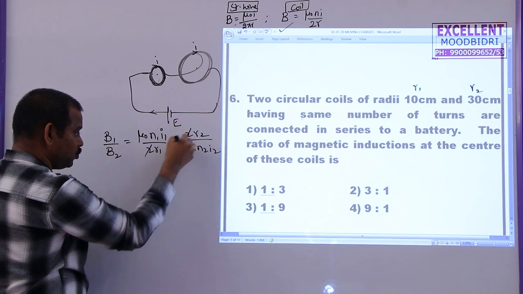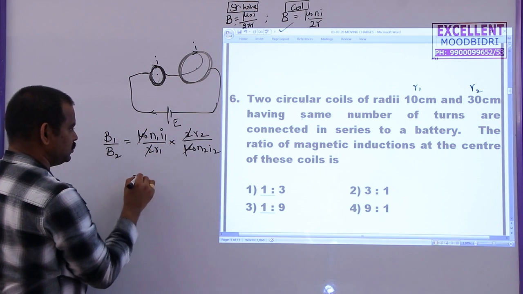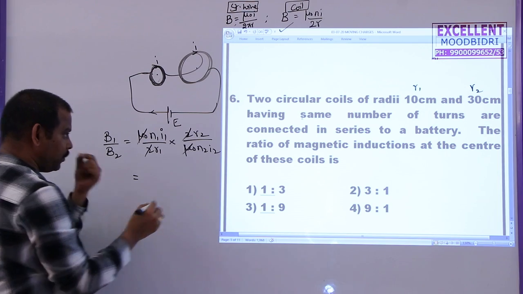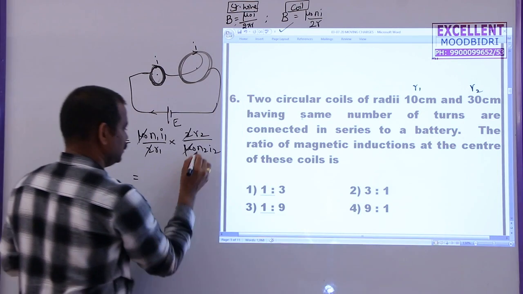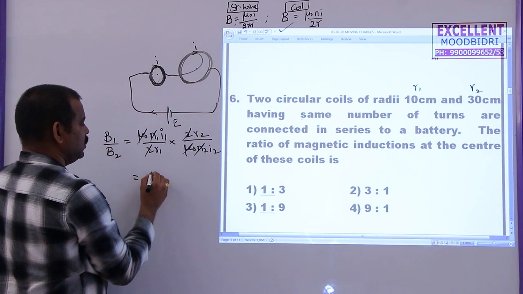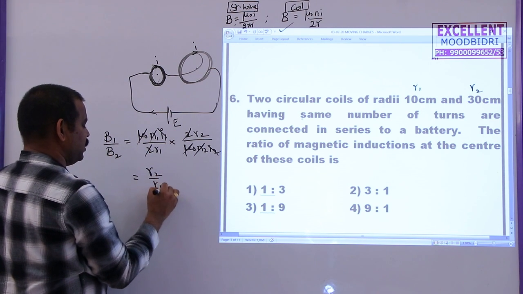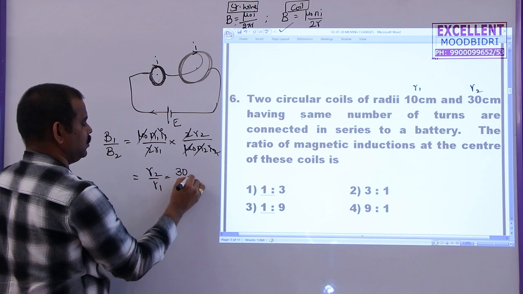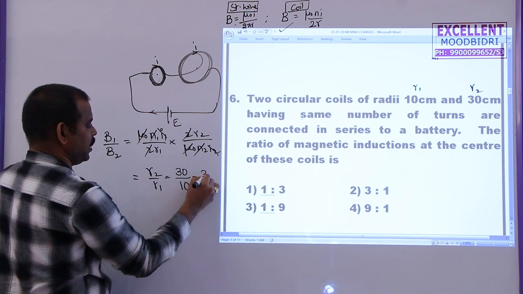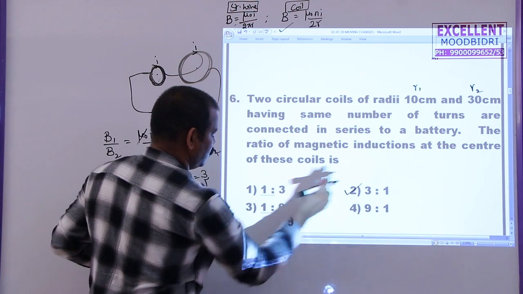Here 2 and 2 get cancelled, mu naught and mu naught get cancelled, and they have the same number of turns, as mentioned here. So N1 and N2 also cancel, and I1 and I2 are also the same. So this is R2 by R1. R2 will be 30, R1 is 10. So the option is 3:1. So don't go for 1:3.